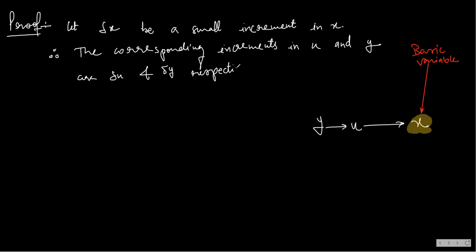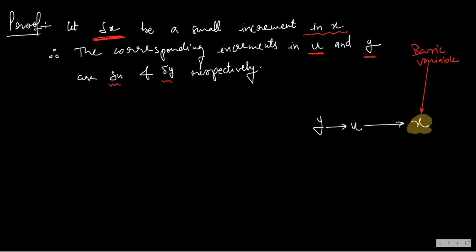I hope you understood this statement. What is the first statement? You wrote, let delta x be a small increment in x, the basic variable. Now, because there is an increment in x, there would be an increment in u and an increment in y. Increment in u is delta u and increment in y is delta y.